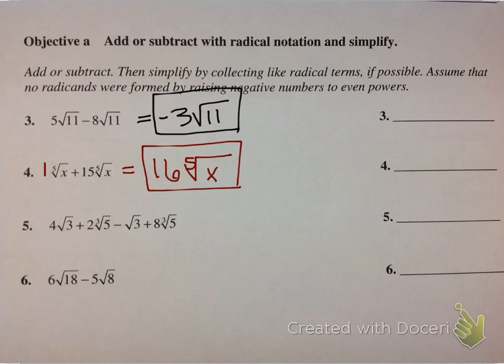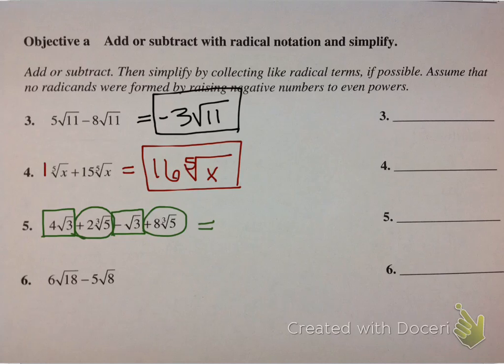On the next problem, 4 square root 3 plus 2 cubed root 5. Those are not like radicals. We cannot combine those. However, I can combine 4 radical 3 with the minus radical 3 and the 2 cubed root 5 with the 8 cubed root 5.